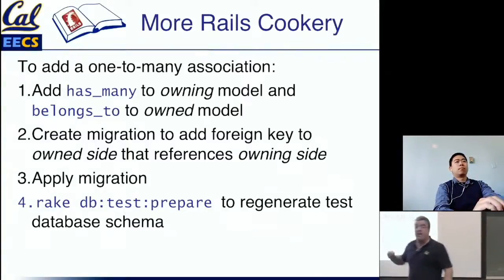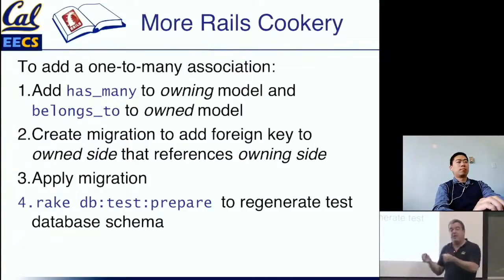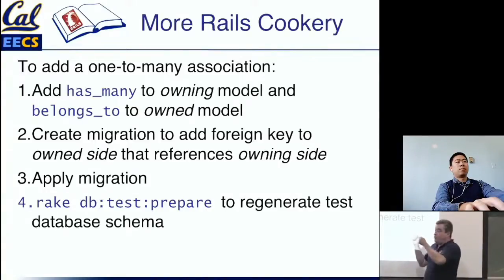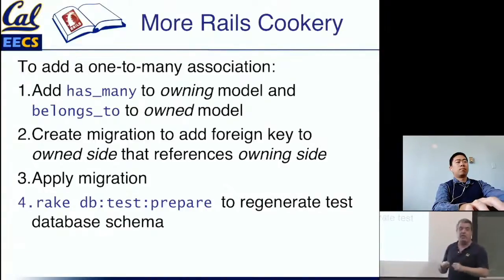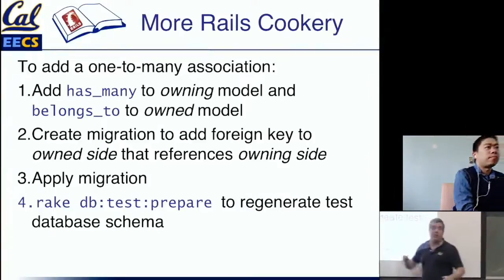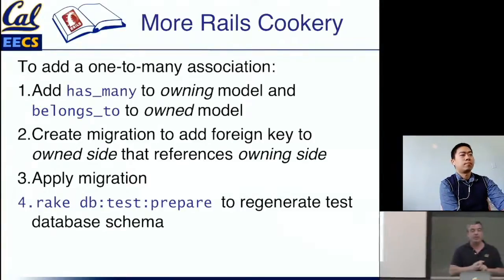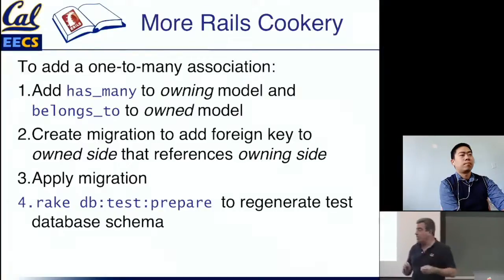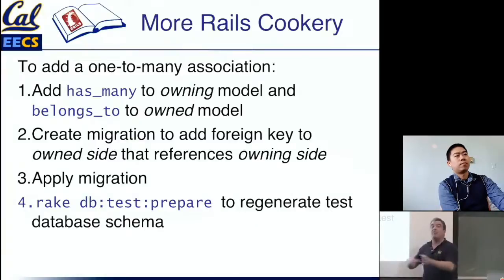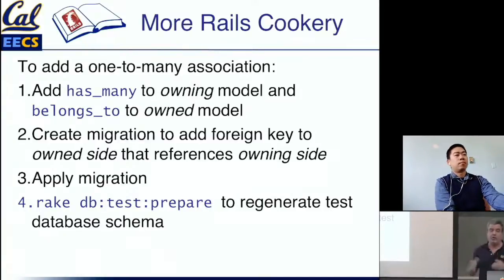If you say movie has many reviews, you're basically making a promise that the reviews table has a movie ID foreign key. And when you write your migration, you had better keep that promise, or things will fail in confusing ways at runtime. Right? Has many and belongs to are not magic. They're just a shorthand that assumes you've set up the tables correctly and then does those queries for you and does all the foreign key matching.